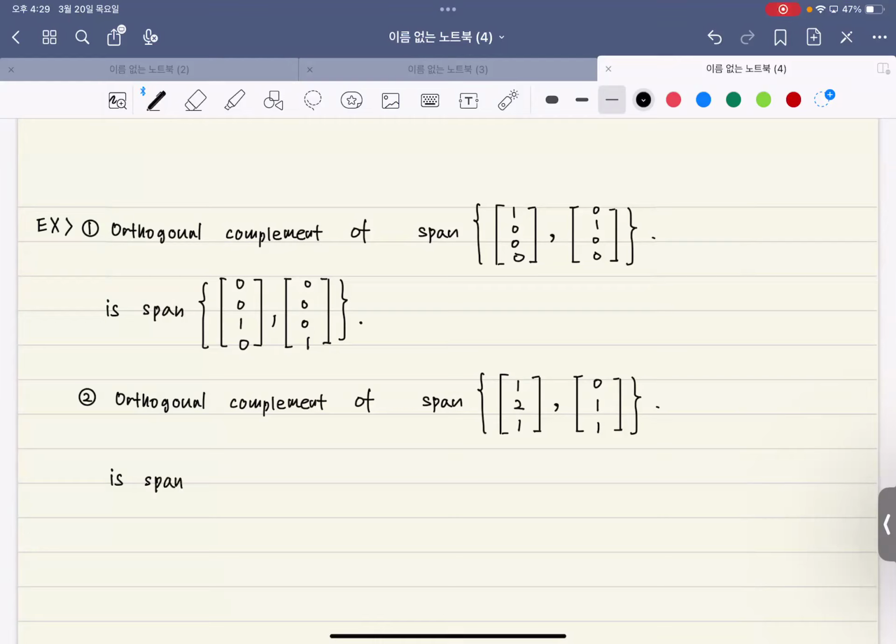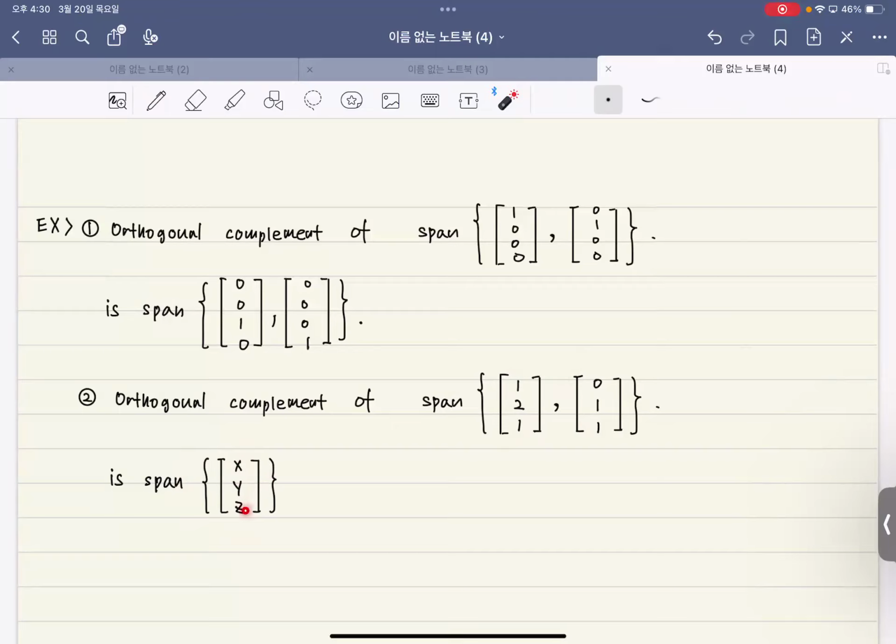Or if you don't feel like using the cross product, maybe you can try it like this. The orthogonal complement has only one basis vector, which I will call (x, y, z). Since this vector must be orthogonal to this one and that one at the same time, I can think of this system of linear equations.